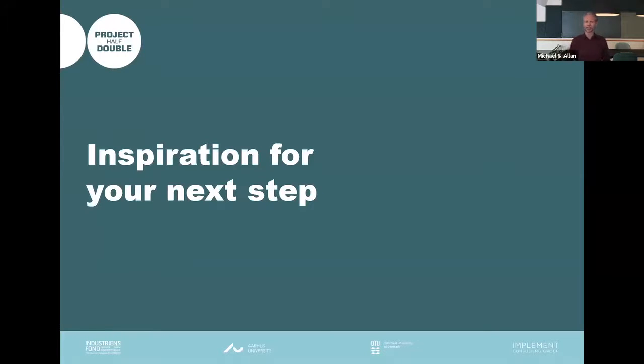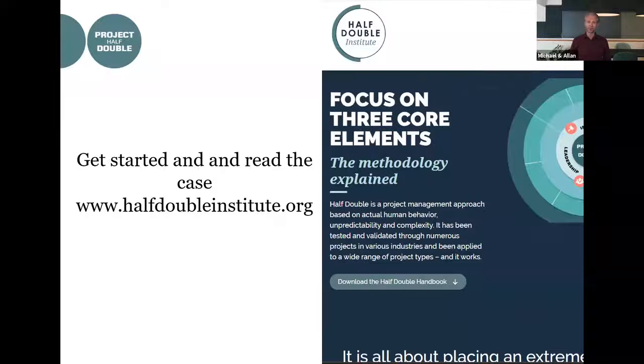So in terms of inspiration for next step, first of all, try to go into halfdoubleinstitute.org. And there you will find a little more information about the Half Double portfolio concept. You can also find a short video about it, but you can also dive into more details about the Half Double methodology.